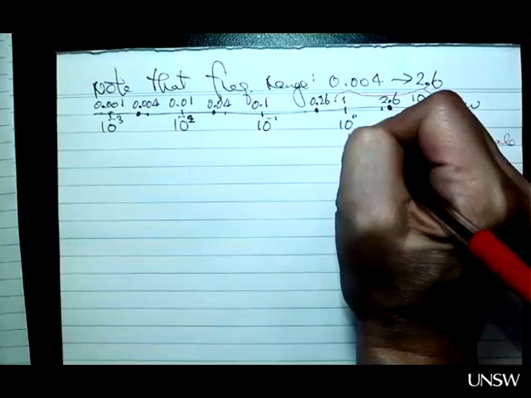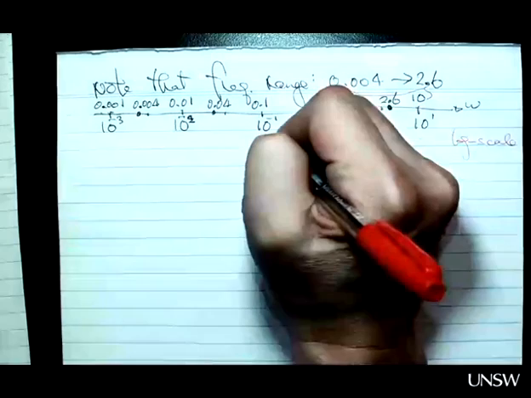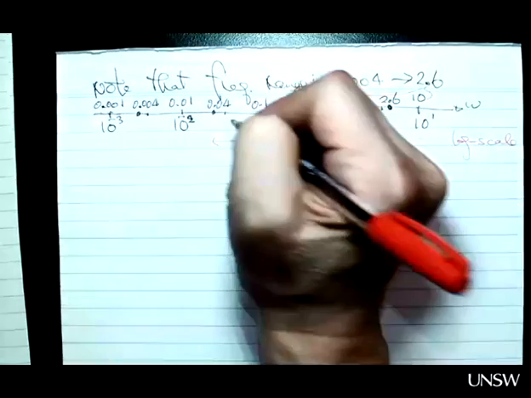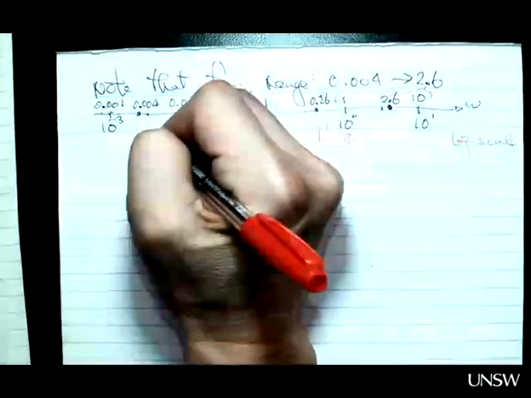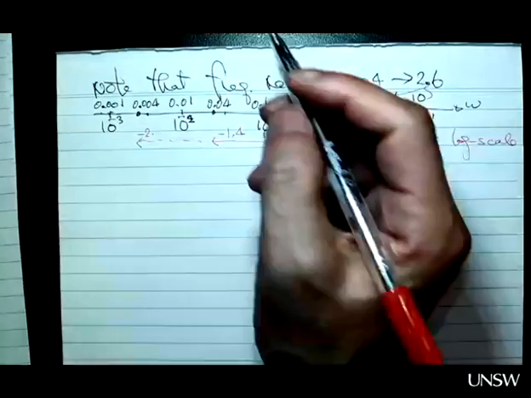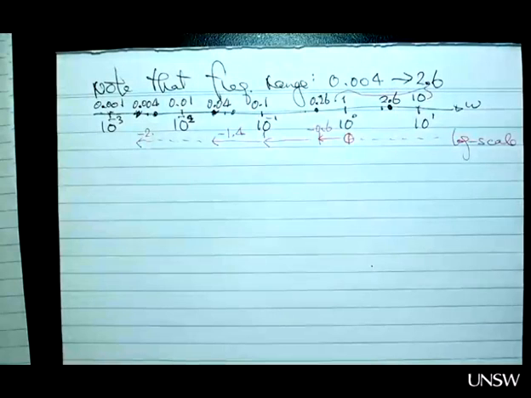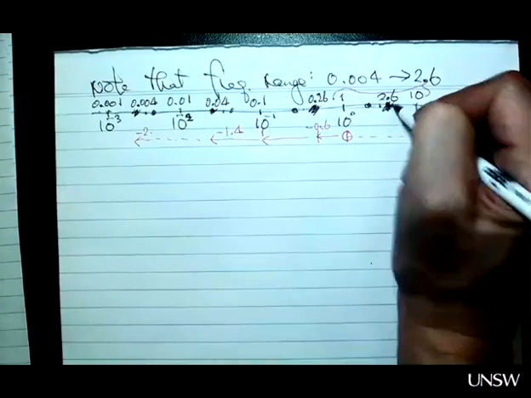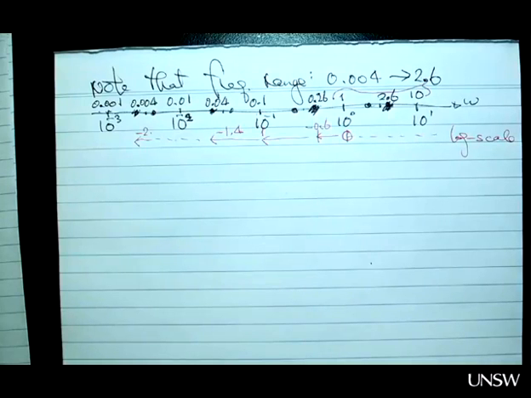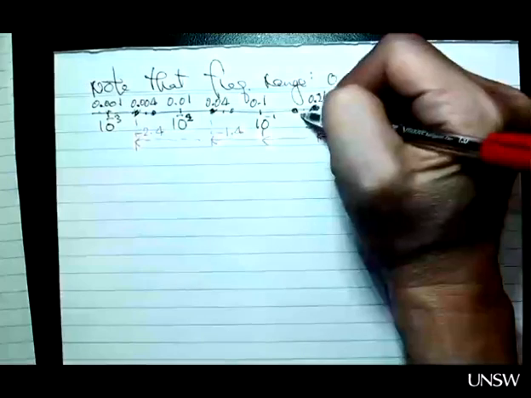From here to there, it is minus 0.6. From here it is 1. From here to there is minus 1.4, etc. Then to here is minus 2.4. 0.4 should be here. Minus 0.6 should be here. So this point is minus 2.4 up to here. 0.4, 0.6.